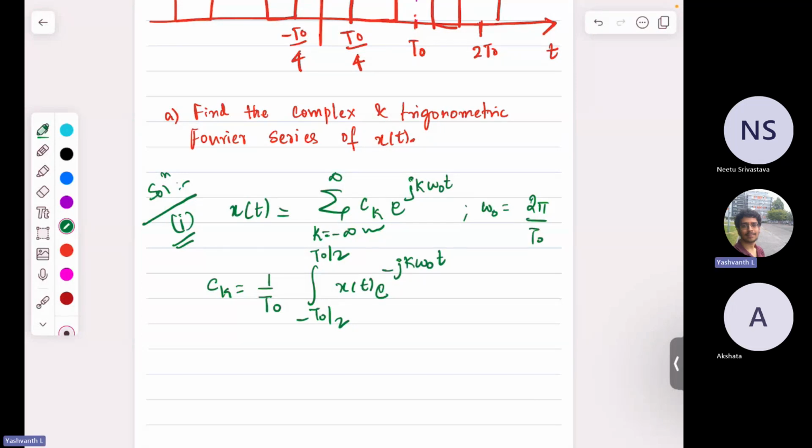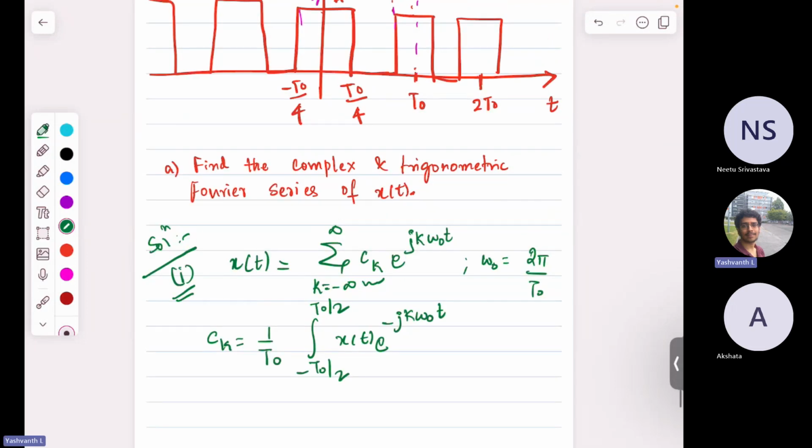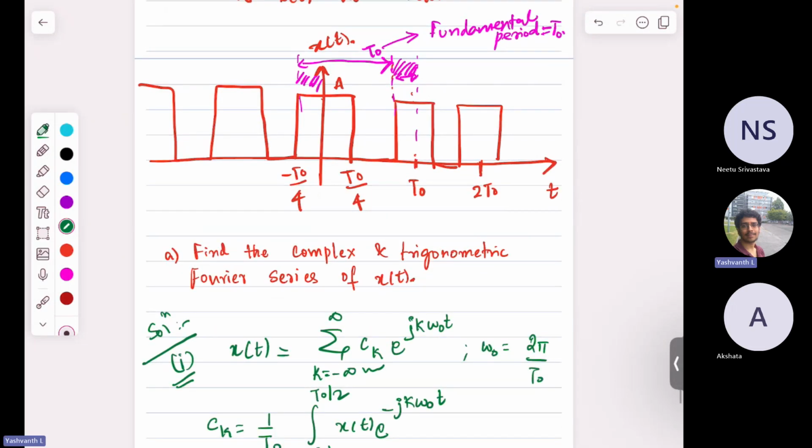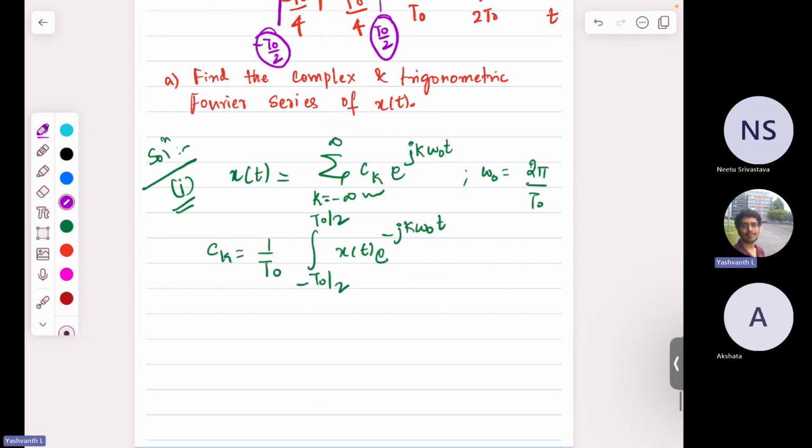Okay. Where will minus t naught by 2 to plus t naught by 2 be located? This is minus t naught by 2. And somewhere here is your t naught by 2. Okay. This is basically the expression for c_k.